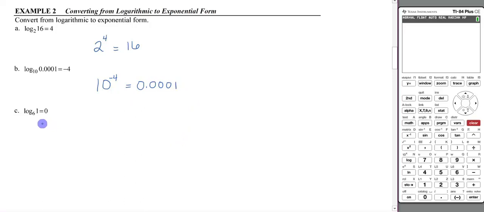Here, log base 6 of 1 equals 0. My base is 6, exponent is 0, equals 1. 6 to the 0 equals 1.